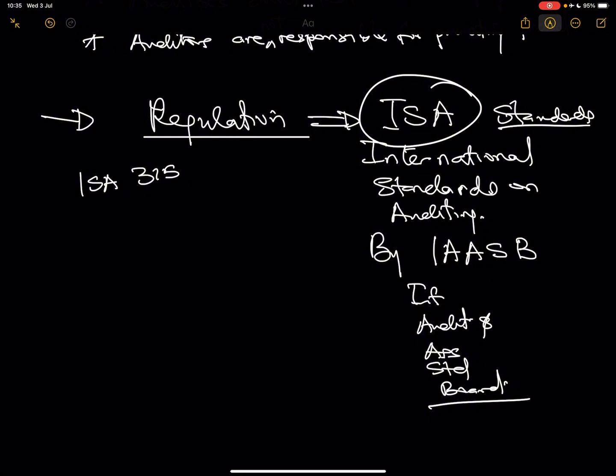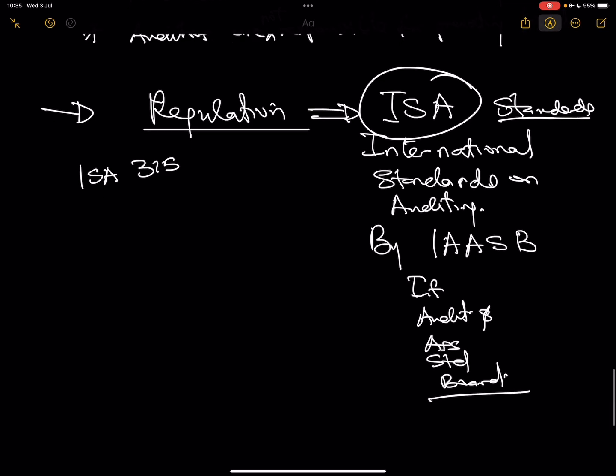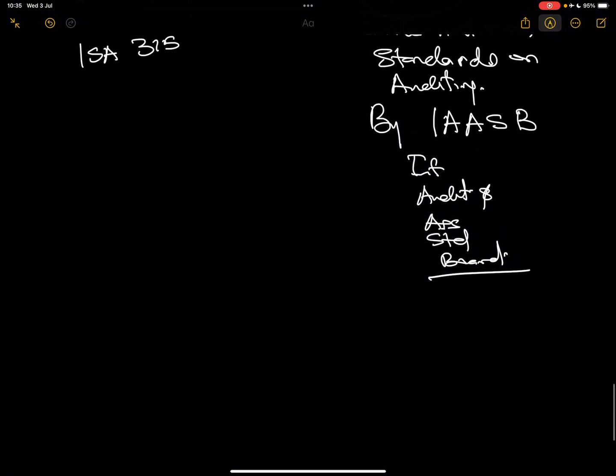So there are a lot of ISAs. But in this paper, you are not meant to memorize the ISA numbers, but the few ones you can know is good to be able to state it in your exams if you are asked. But most importantly is to understand what ISA requirements are, and not necessarily cramming or memorizing the number. So very important.